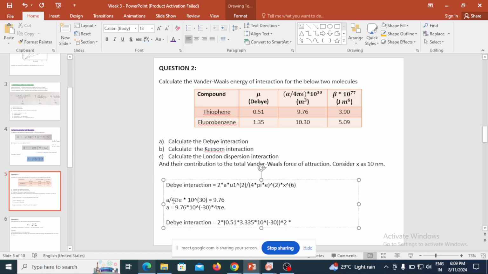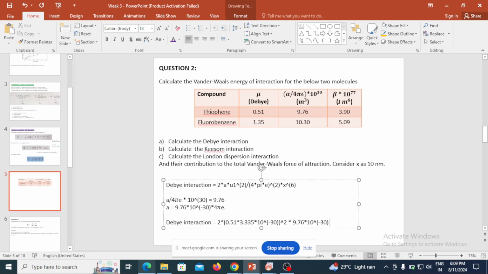So I will take that expression outside, so that will be 9.76 times 10 to the power minus 30.